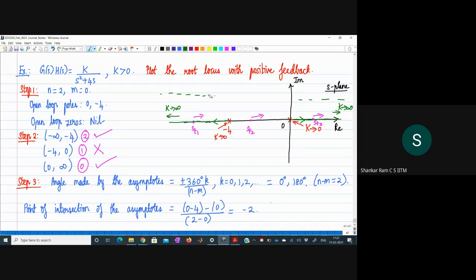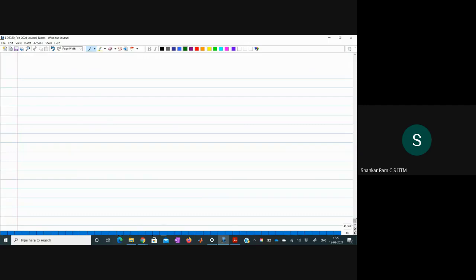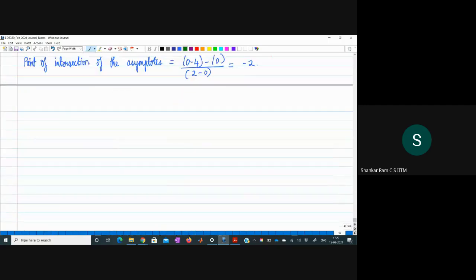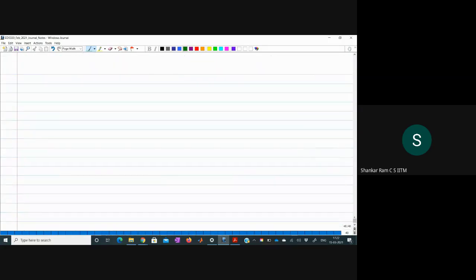The fact that the asymptotes intersect at -2 leads to the only choice that in this particular case, the two asymptotes must be the positive and negative real axis themselves. So I hope the argument is clear, right? So that is what we have in this particular case. I hope it's clear how we have reasoned out what the asymptote is.